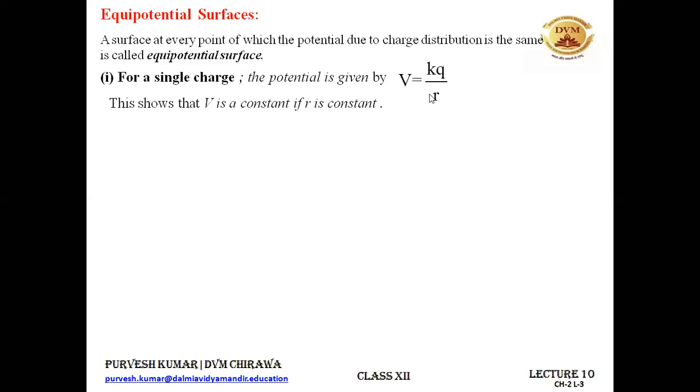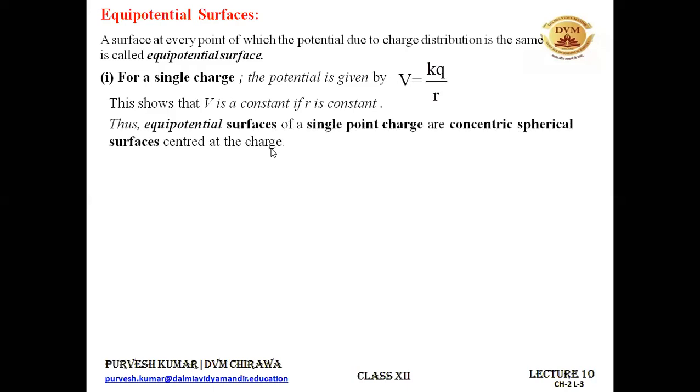So the value of V depends on the value of R. So for a single point charge, the equipotential surfaces will be in the form of concentric spherical surfaces with the charge at their center.